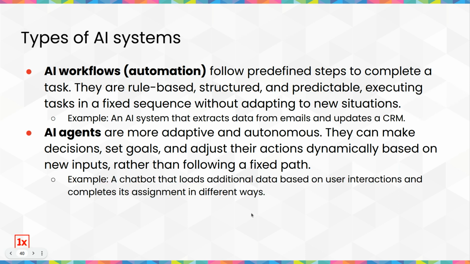For example, it could be a chatbot that loads additional data based on user interaction, or completes the assignment in whatever ways. And these 2 are referred to as agentic systems. So they all say agents, and in the end it's just a workflow, or a workflow that's a bit more adaptive, and that would then be an agent, and both are agentic systems.